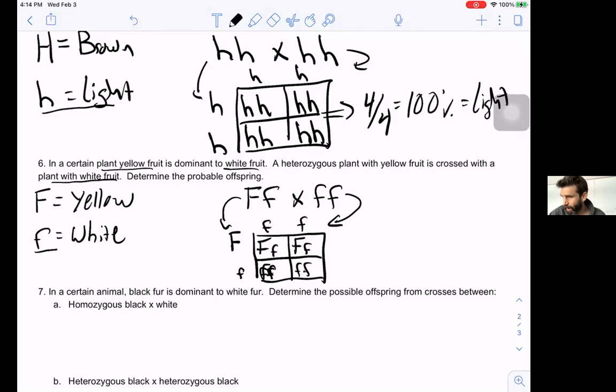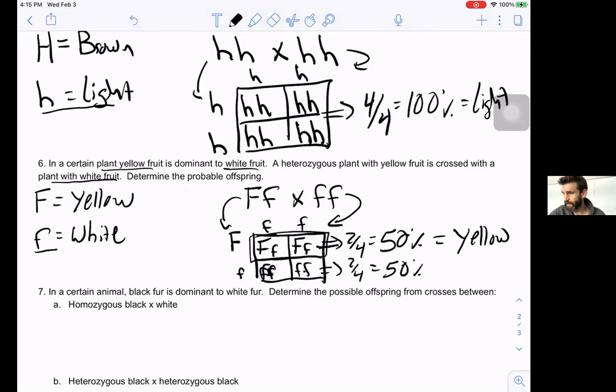And half are going to be homozygous recessive. So 2 out of 4, 50% are going to have yellow fruit because they are heterozygous. And 2 out of 4, 50% will have white fruit.